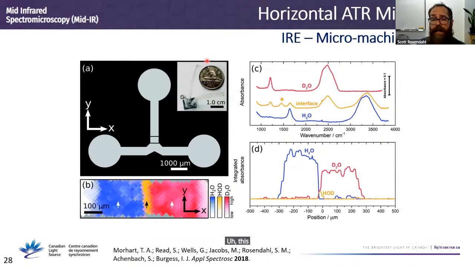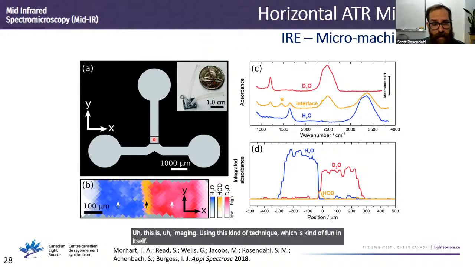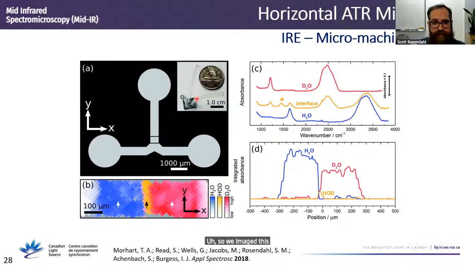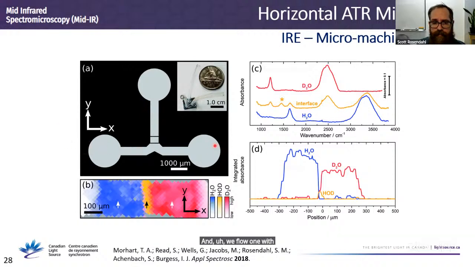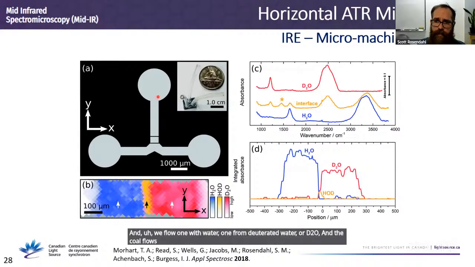This is imaging using this kind of technique, which is kind of fun in itself. So we image this area of this device here. Again, it's very similar to the previous one, that's micro-machined silicon. And we flow one with water, one with deuterated water or D2O, and they co-flow here and form a laminar flow in this particular regime.